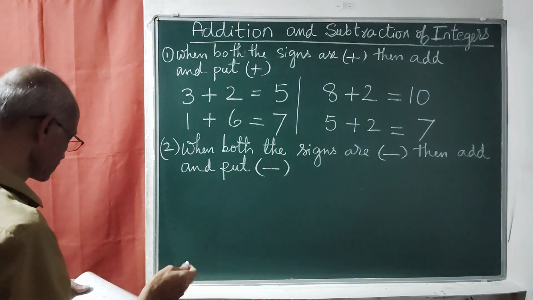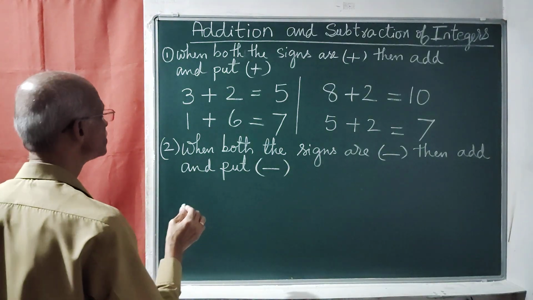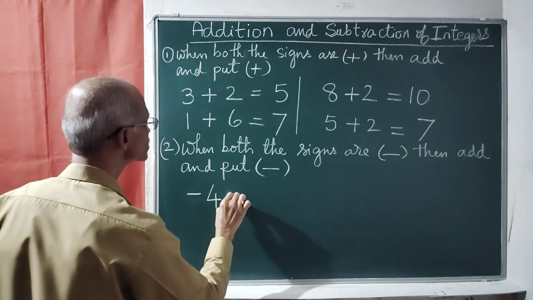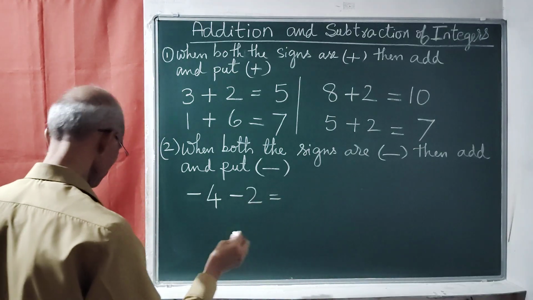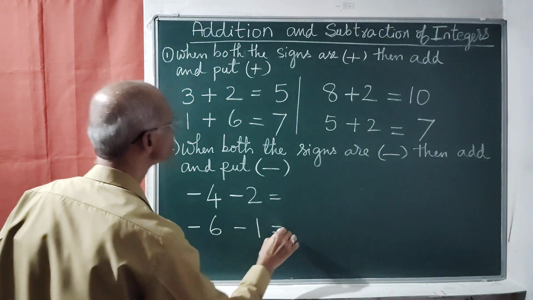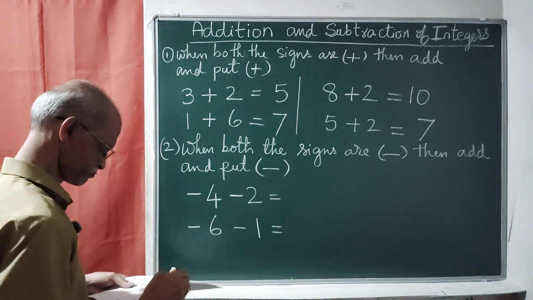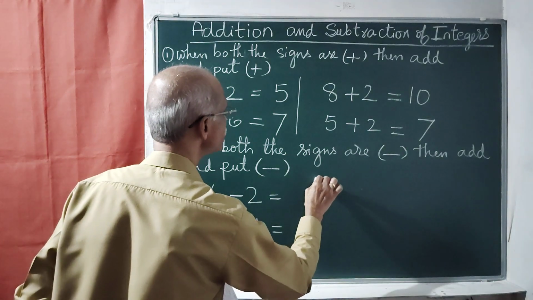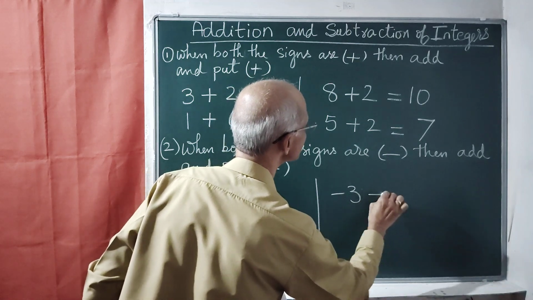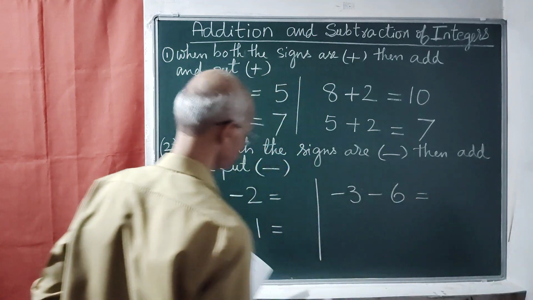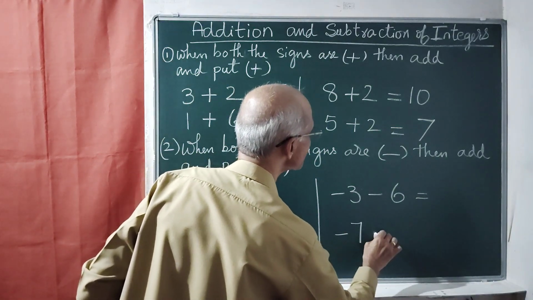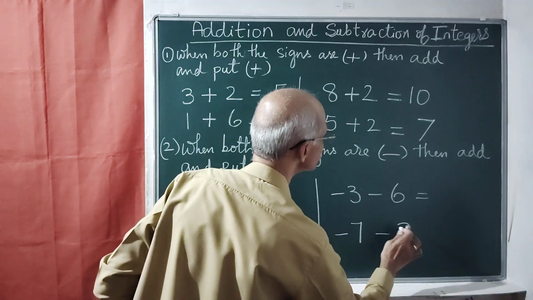We'll take some examples. -4 -2, -6 -1, -3 -6, -7 -2.